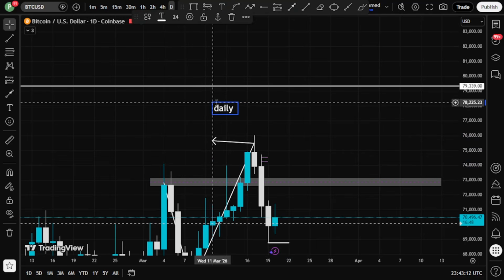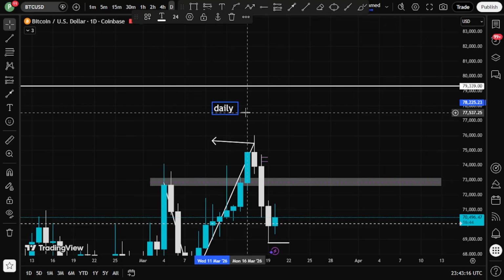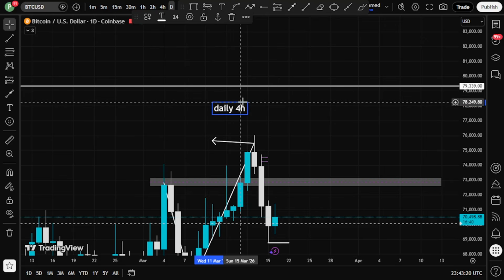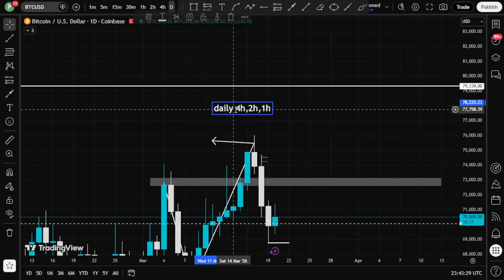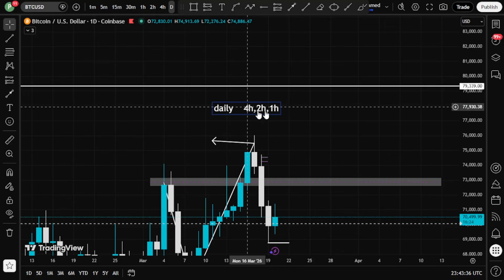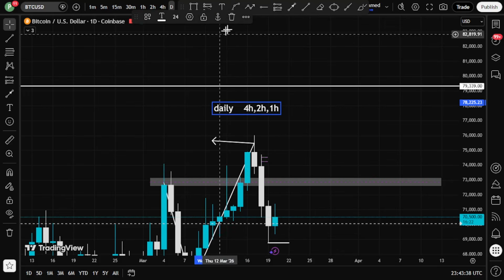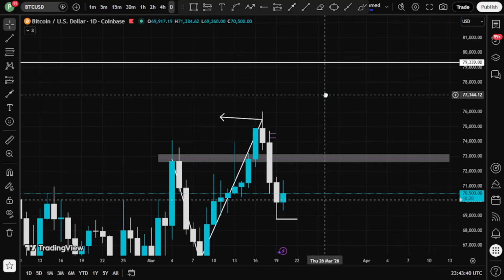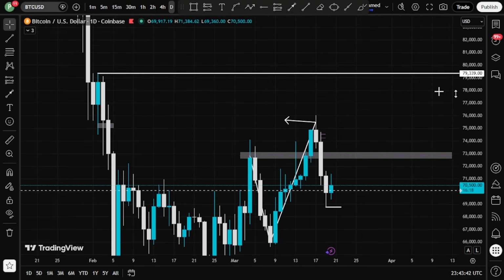So when it comes to the time frames that are lower than the daily but are strong, we have the 4-hour time frame, the 2-hour time frame, and then the 1-hour time frame. So these are time frames that you can trade on that are much lower than the daily time frame, but they will give you really clean trades, and that is what I'm going to show you, how to utilize this sort of idea.